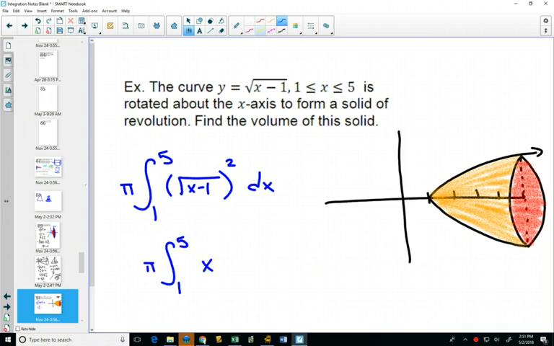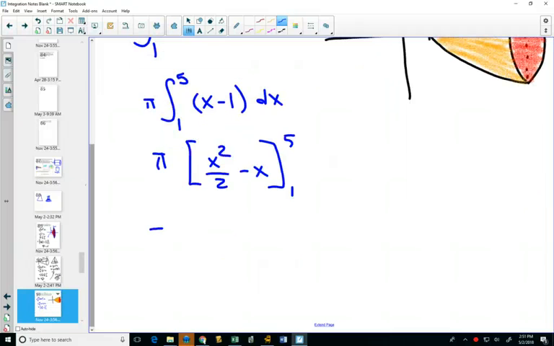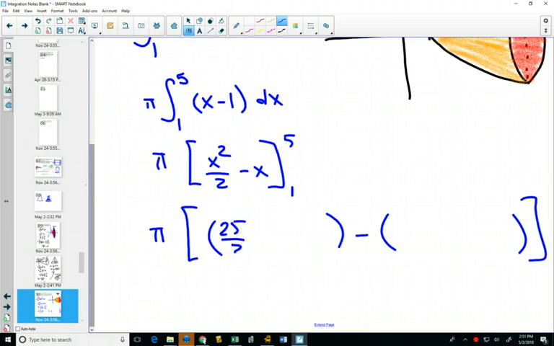And we just get x minus 1 dx, which when we integrate gives x squared over 2 minus x from 1 to 5. Set everything up, plug in 5, 25 over 2 minus 5, plug in 1, 1 over 2 minus 1.